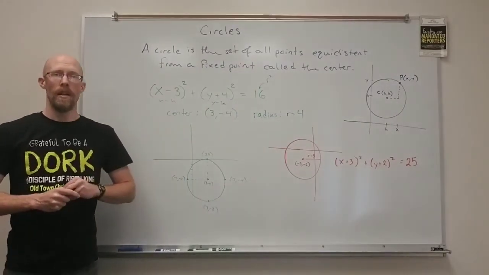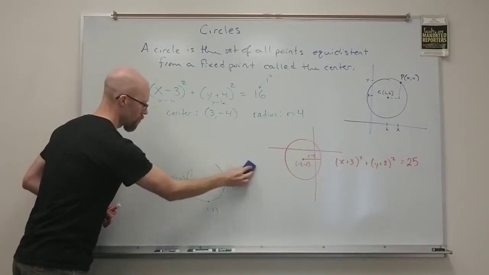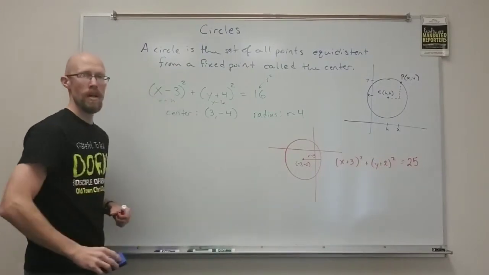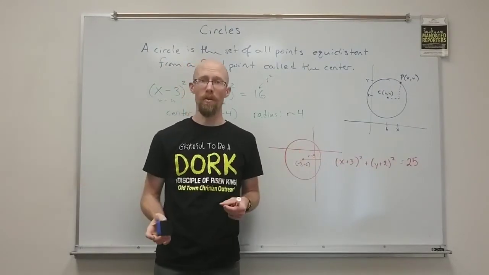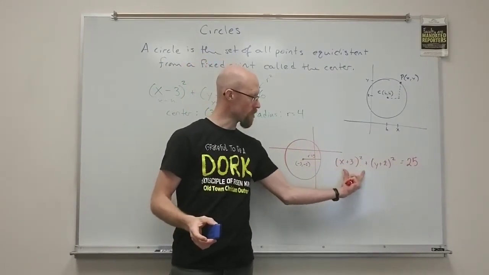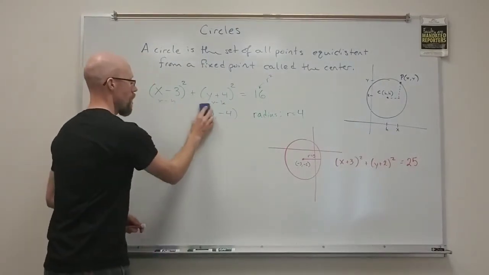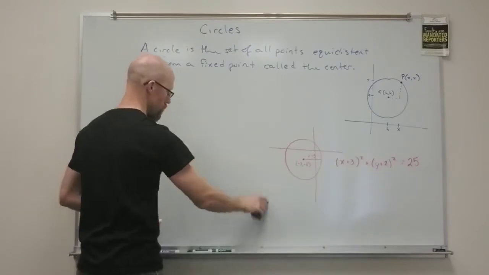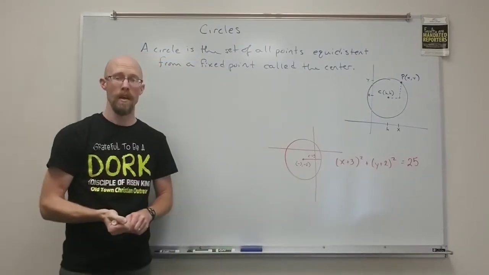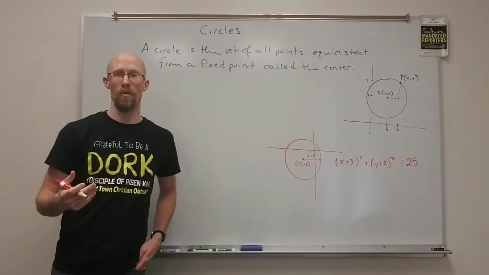Now the other thing that's kind of interesting when we deal with circles is if the equation is given but it's all expanded out and we don't have these nice, neat, perfect square terms. One thing you do need to recall in order to work with those is how to complete the square, particularly the idea of the perfect square trinomial.